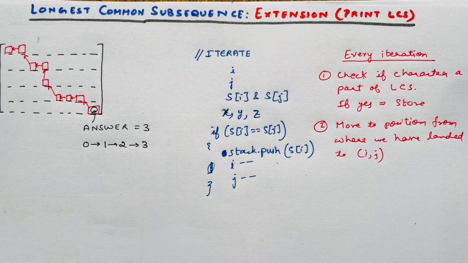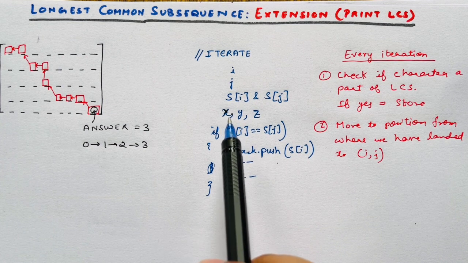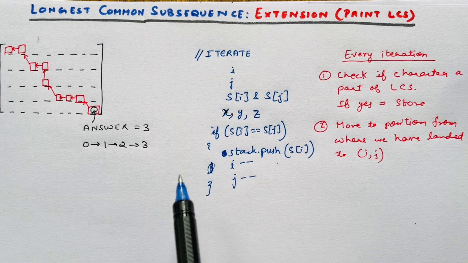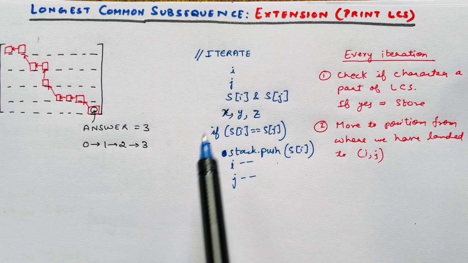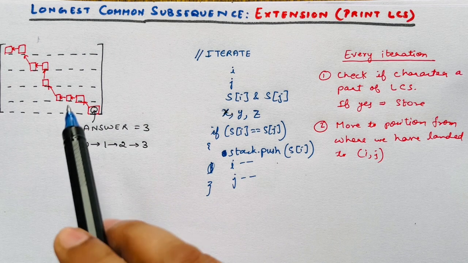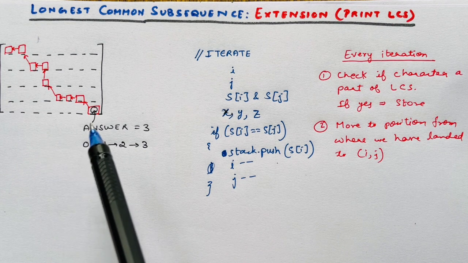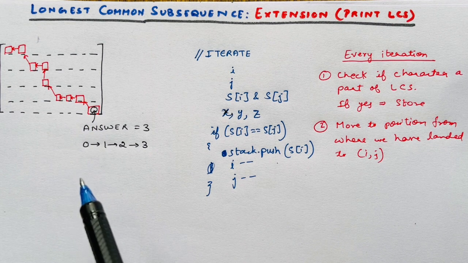And which of these would we have used? That we also know, because our condition was the maximum of x or y. From the values of x and y, we will know which of these we have used. If we have used x, that means we have to go to the top row, so i will be reduced by 1. And if we have used y, that means we have to go to the left column, so j will be reduced by 1.